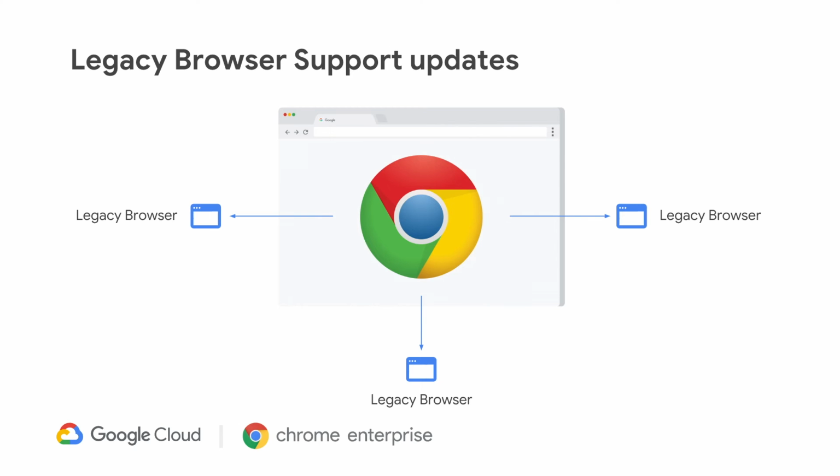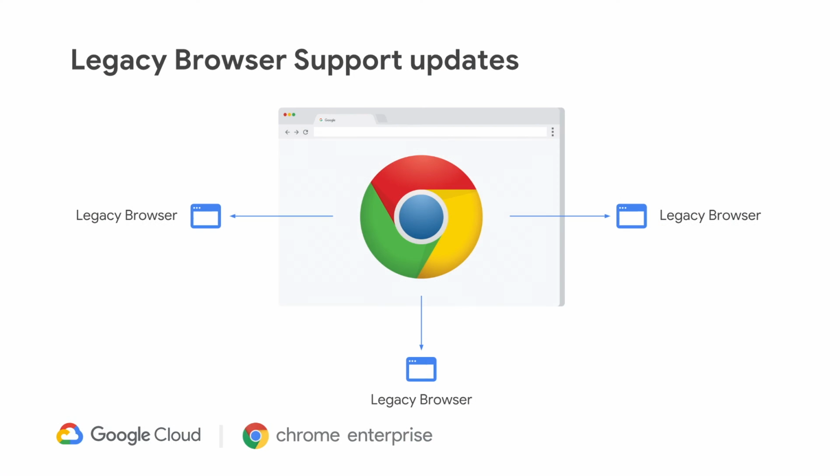Enterprises love legacy browser support because it allows them to keep their users' primary browsing experience within Chrome browser, where they can benefit from all the security capabilities and access their modern apps. Then when a user goes to use a legacy app, they'll automatically get redirected into Internet Explorer. And once they're ready to browse or use a different app, they'll be redirected dynamically right back into Chrome. This is great for these scenarios where an enterprise is living partway between a modern and a legacy app world.